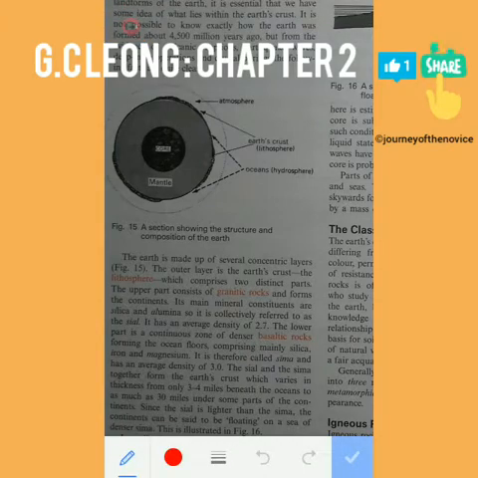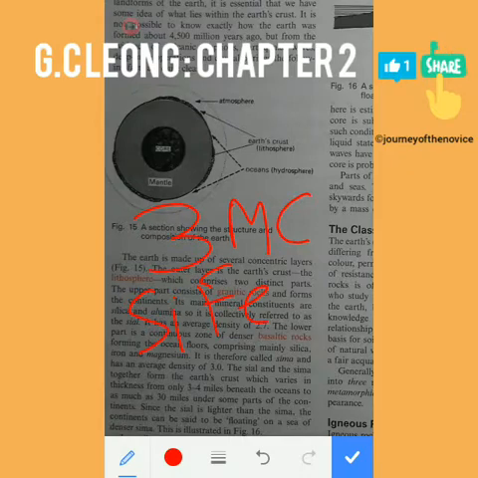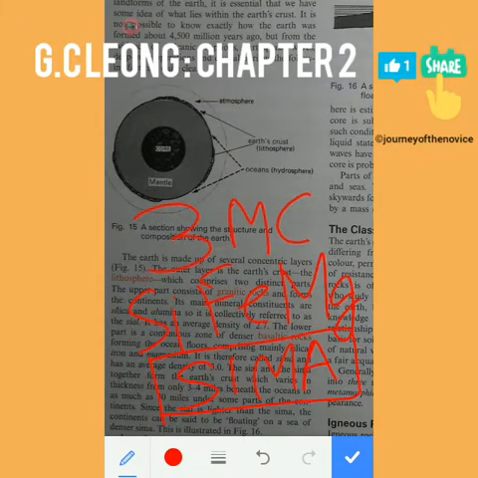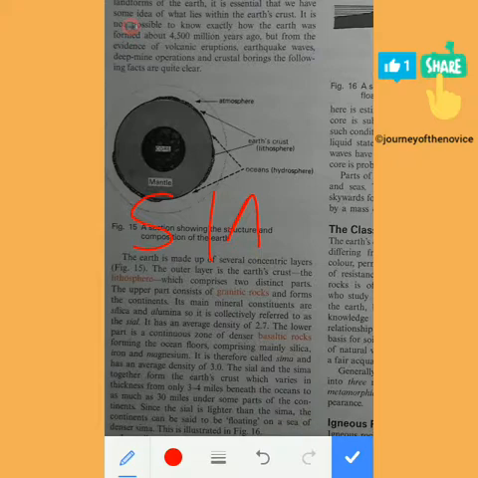There are 3 main mineral constituents in the basaltic rocks region, or the lower part of the lithosphere: silica, iron referred to as Fe, and magnesium referred to as Mg. Together we mention it as Sima. So basically the lower part is in general referred to as Sima. What we have to remember together is Sial, which is the upper part, and the Sima.